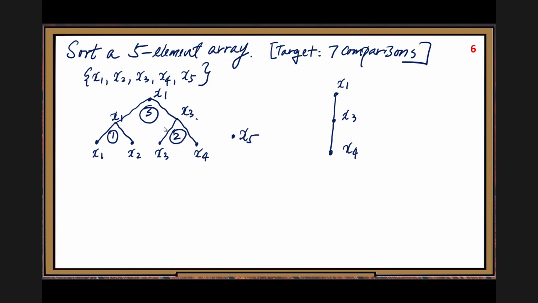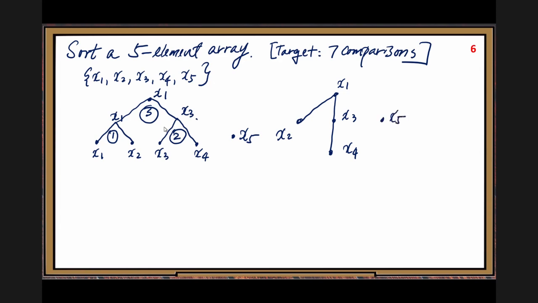You can see these three elements are in this order: x1 greater than x3 greater than x4. Then x2 is here, x2 less than x1.